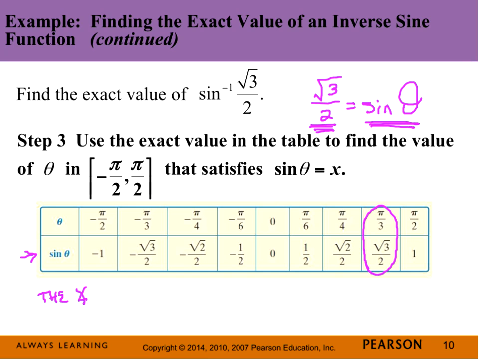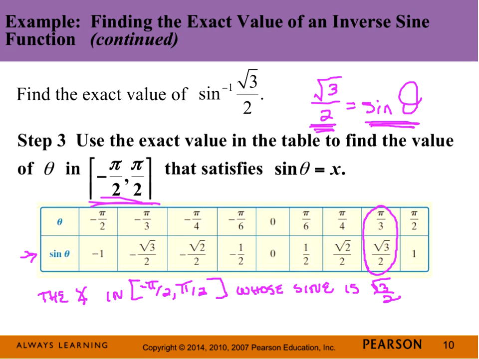So I look down in the row that's labeled sine of theta, and I find that the angle in the domain of negative pi over 2 to pi over 2, whose sine is square root 3 over 2, is pi over 3.